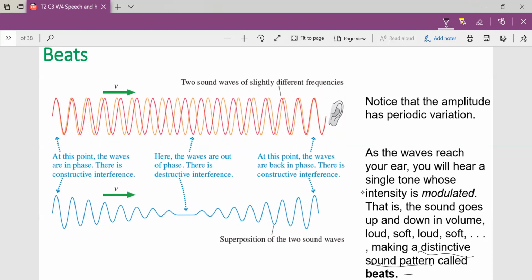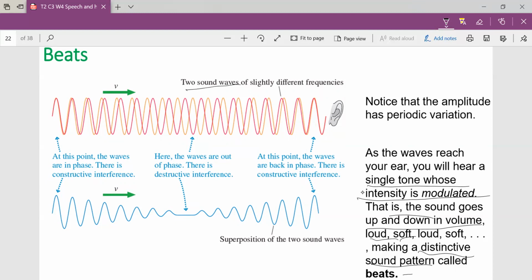It comes to us with up and down volume, loud and soft, a distinct motion, but actually it is a single tone whose intensity is modulated. That is what we call beats. So let's look at a typical sound wave of a beat.